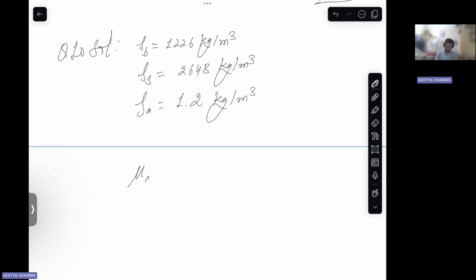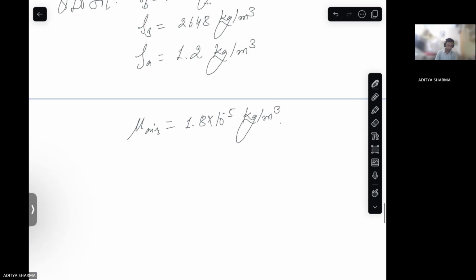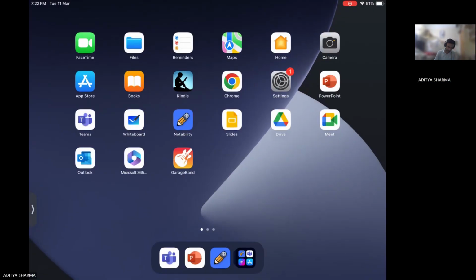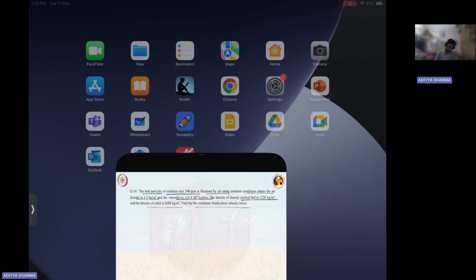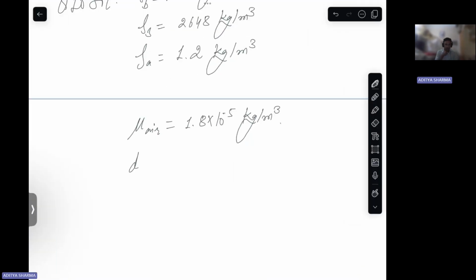Then viscosity of air has been given as this. And the size of particles, size means its diameter, is given as 390 micrometer. That is 390 into 10 raised to the minus 6 meters, right?